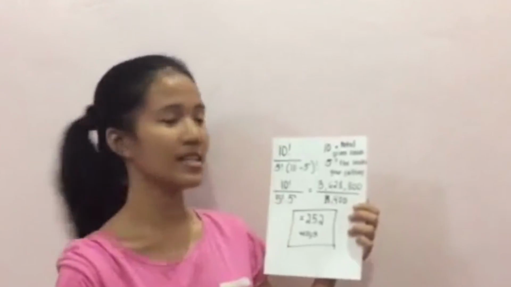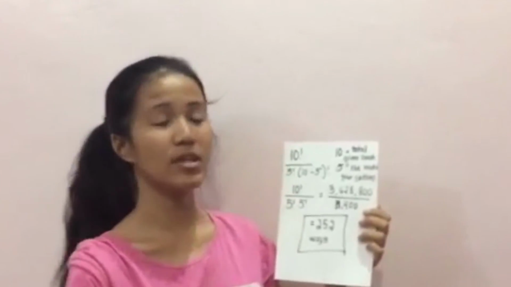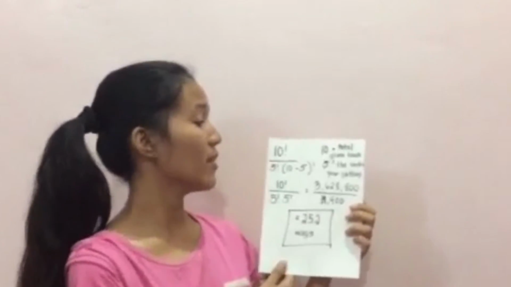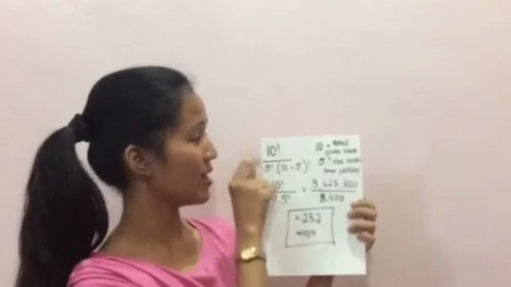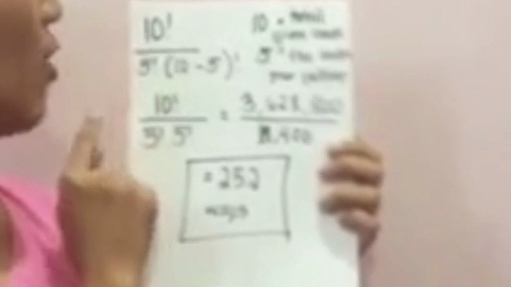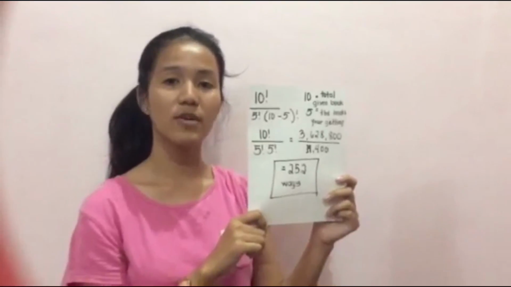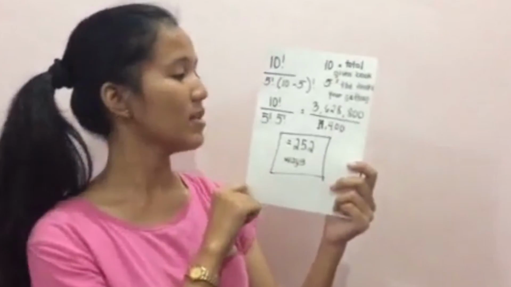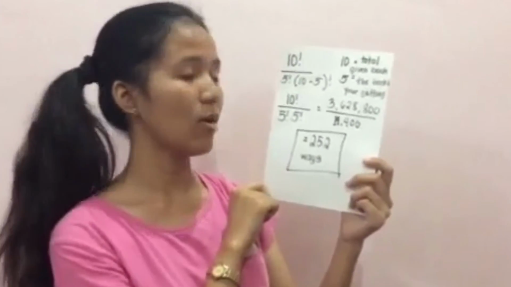And for our given example, there are 10 books and you're getting 5 books from the 10 books. This is the formula: 10 factorial over 5 factorial, quantity 10 minus 5. First of all, you need to get the one that is inside the parentheses. Then you'll get 10 factorial over 5 factorial times 5 factorial.